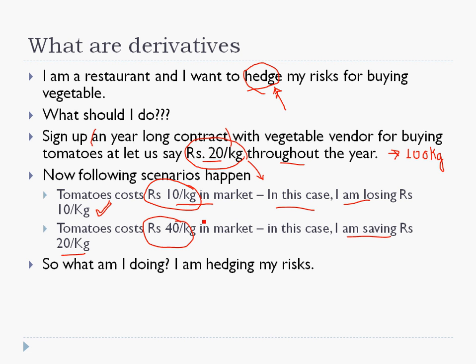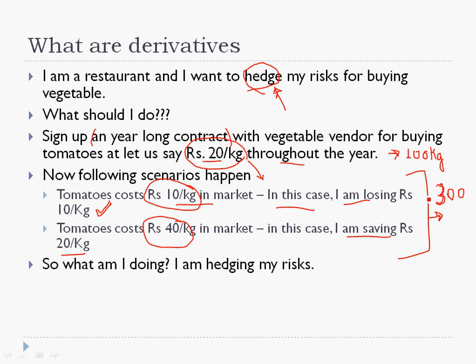So why am I doing it? The important question is why am I doing it? While selling the final good, which is my dishes in the restaurant, I have a fixed price, right? I would sell, let's say, a dal at rupees 300 per plate. I want to assure that the input cost is also the same, right?